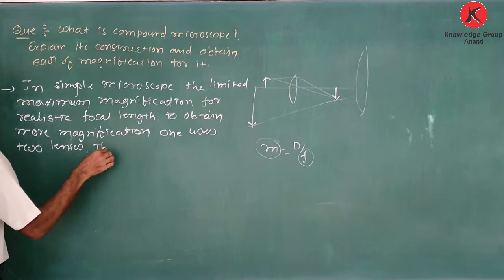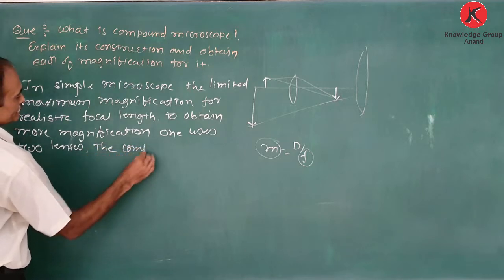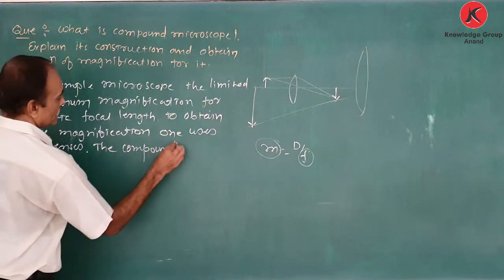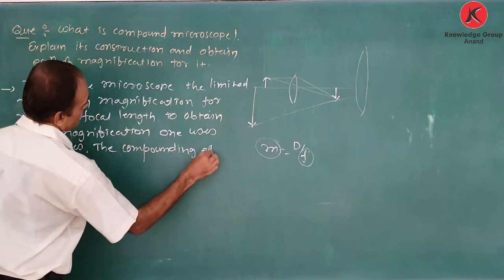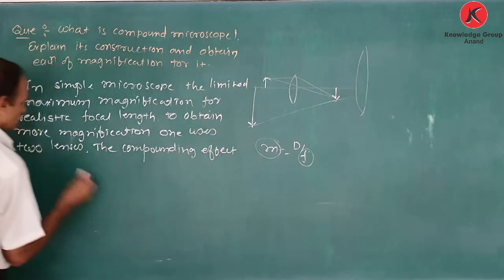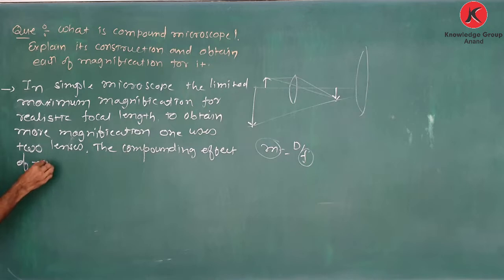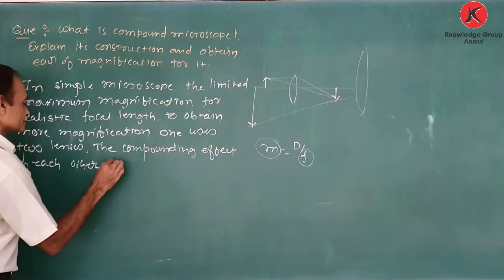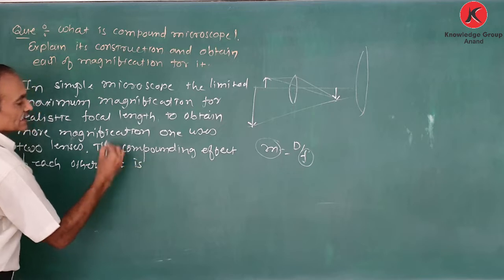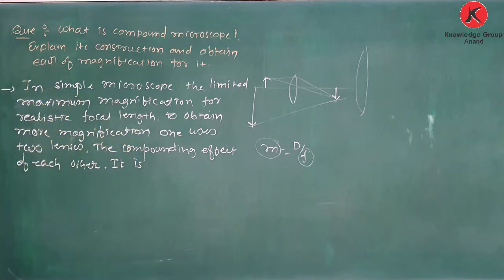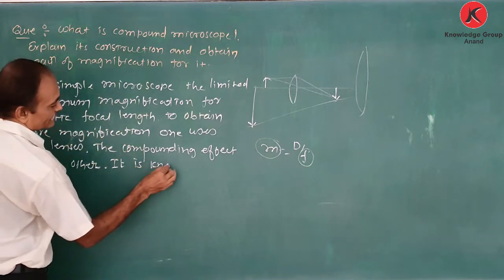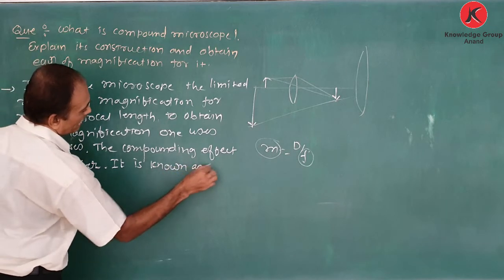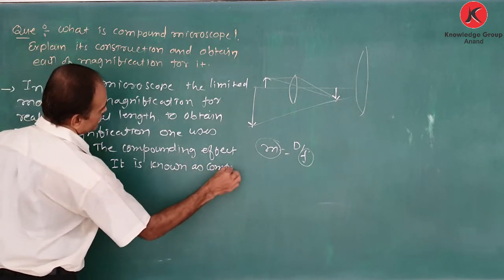The compounding effect of each other, that means the device with the two lenses is known as the compound microscope.